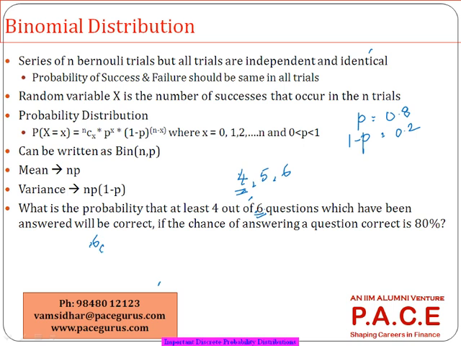So what is the probability of 4 correct? 6C4 into 0.8 to the power 4 into 0.2 to the power 2.